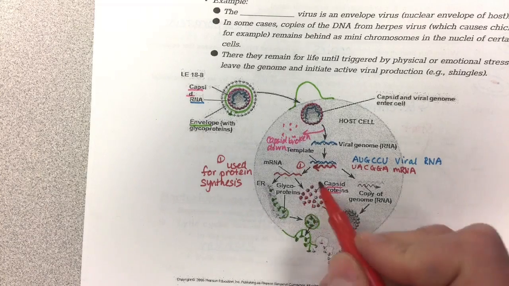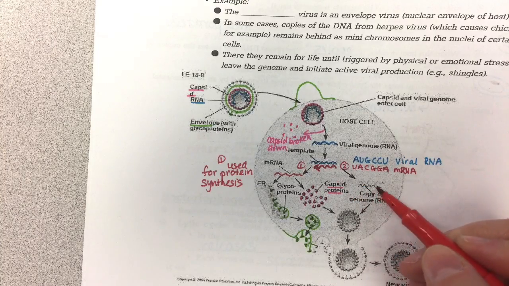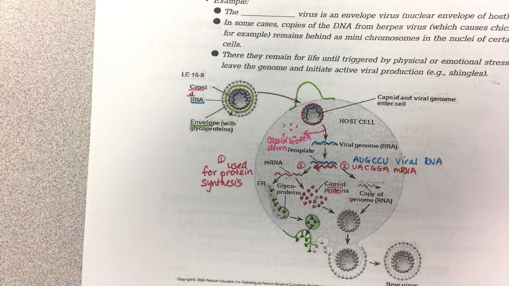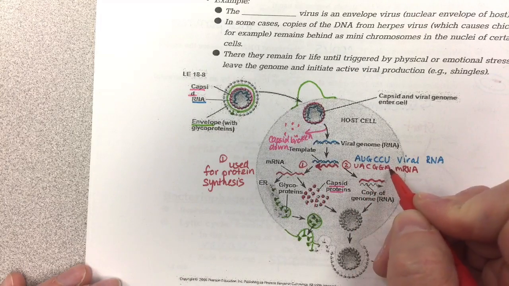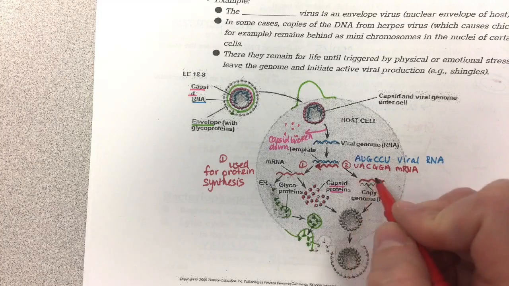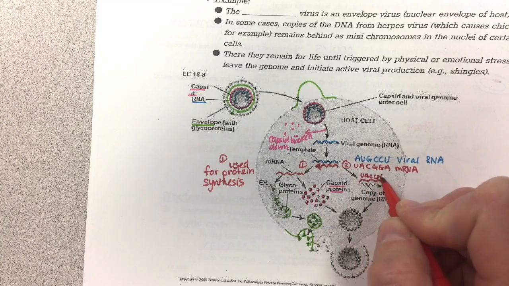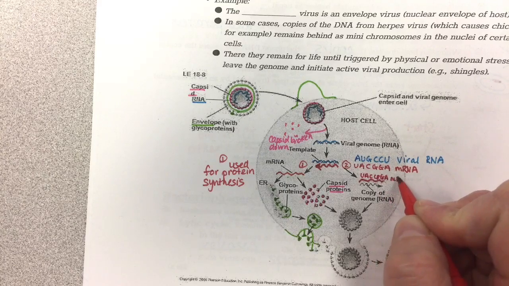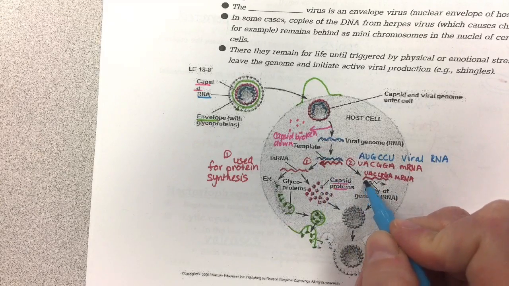The second pathway, this way, was to make more copies of the RNA. So remember, we use the red, which is this one. So the red was UACGGA, so that's your mRNA. And we're going to make new RNA, we want the viral RNA, and so that's this here.